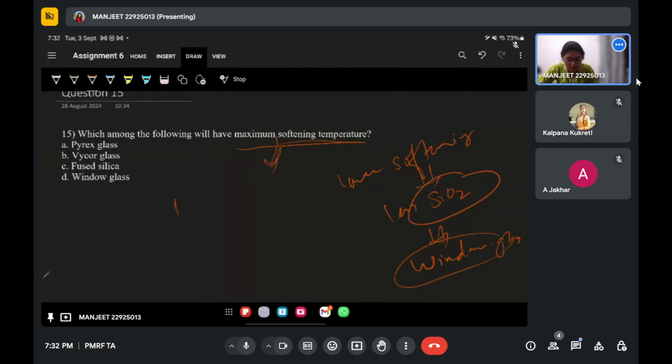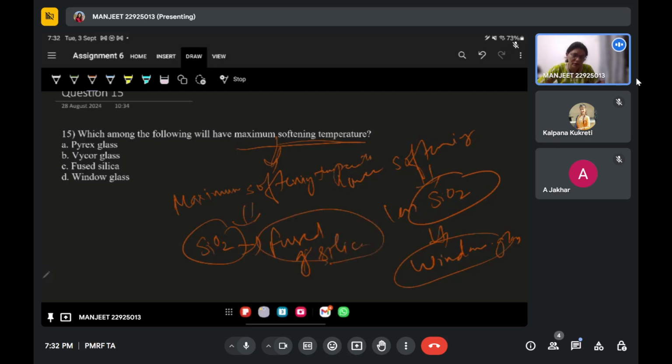Here it asks about the maximum softening temperature, which means the glass with the maximum silica, SiO2, and we already said that fused glass, or fused silica, is almost pure silica.